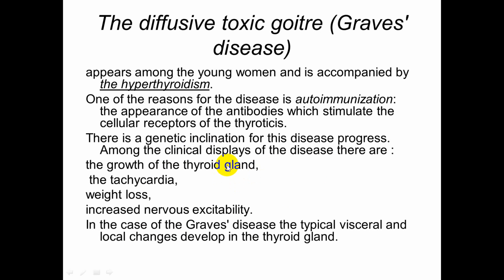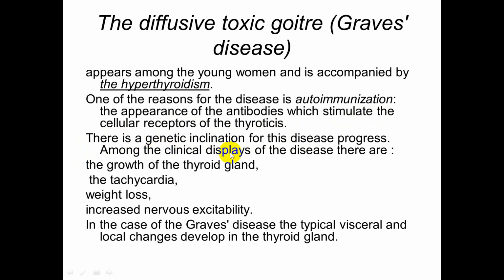Diffuse toxic goiter, Graves' disease, appears among young women and is accompanied by hyperthyroidism. One of the causes is autoimmunization, the appearance of antibodies which stimulate the cellular receptors of thyroidocytes. There is a genetic inclination for this disease's progress.